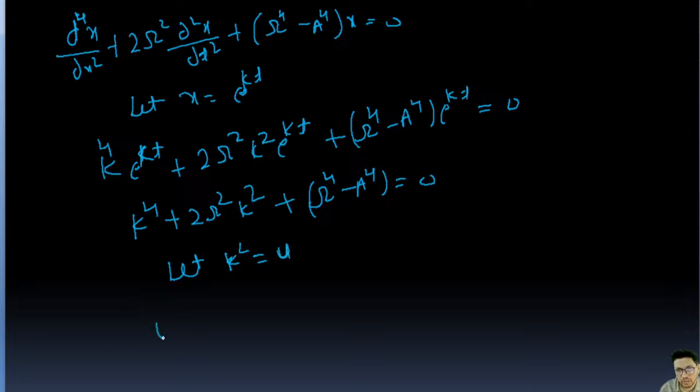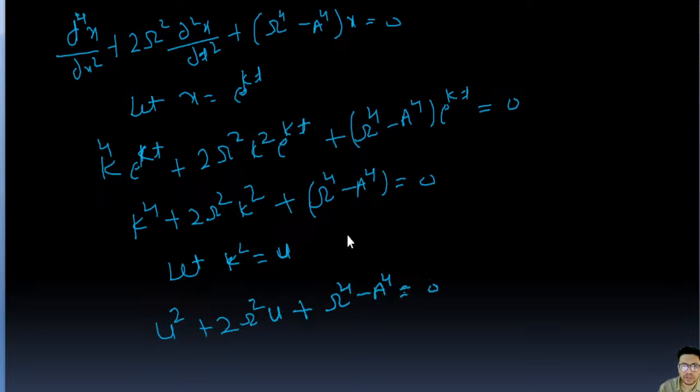In that case, it is going to be u square + 2 omega square u + omega to the power 4 minus a to the power 4 = 0. Now we are going to solve it further.